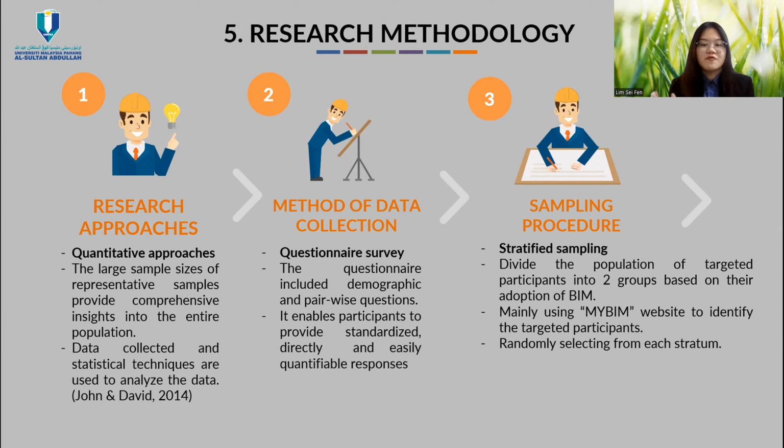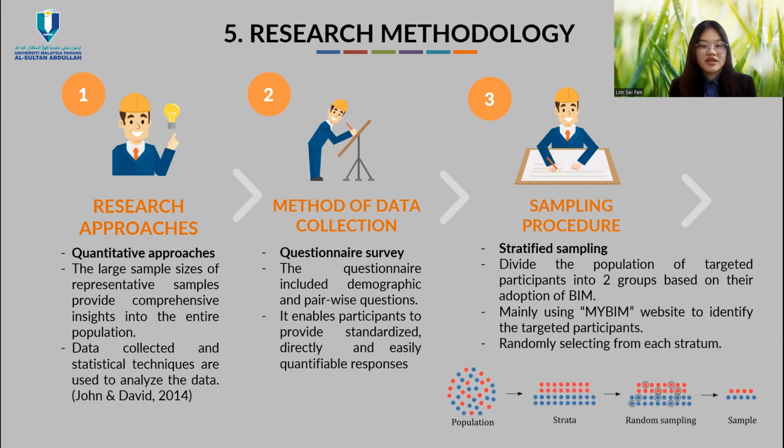The sampling procedure involves the use of stratified sampling. The population of respondents are divided into two groups based on their adoption of BIM. We call it strata. And then a random selection from each stratum is made. This study mainly uses the MyBIM website to identify the target participants.